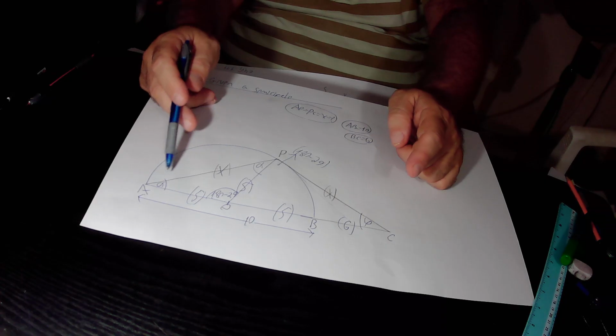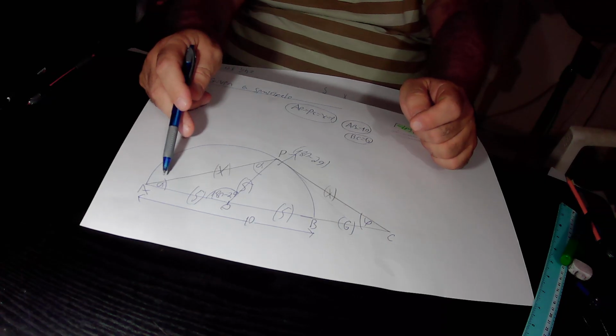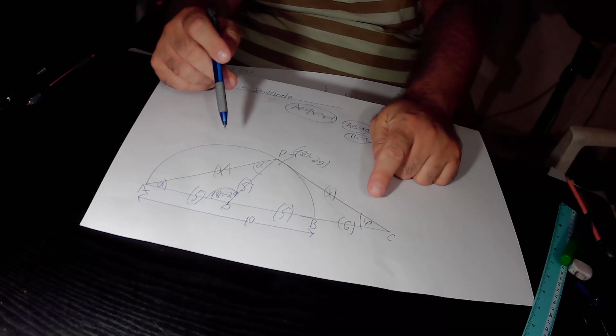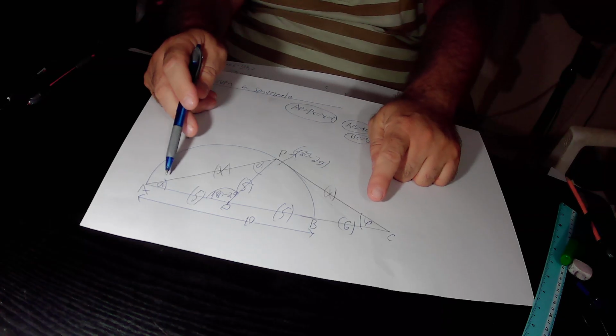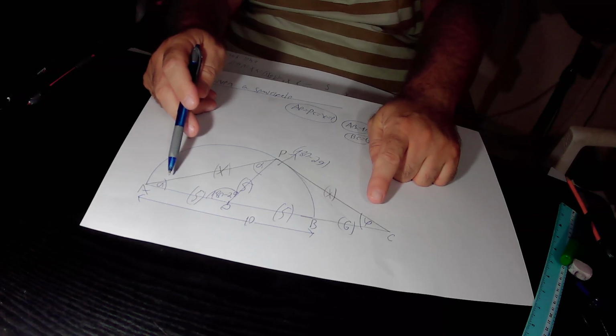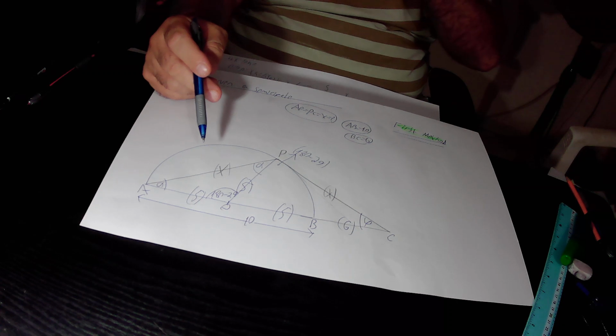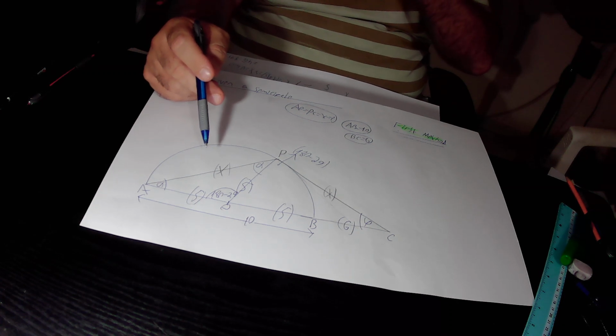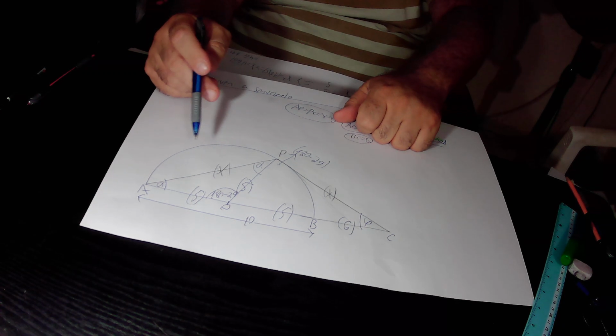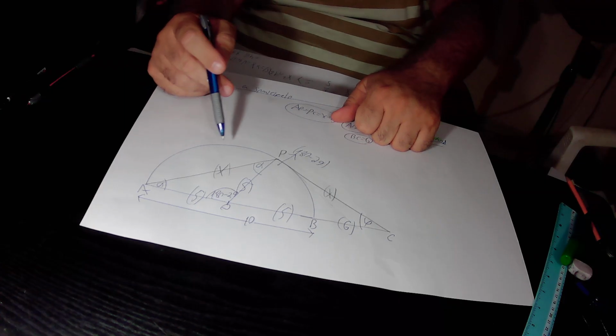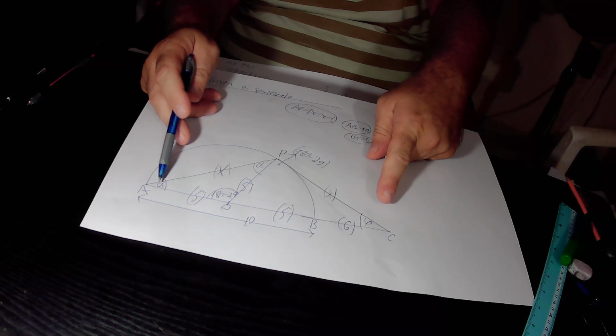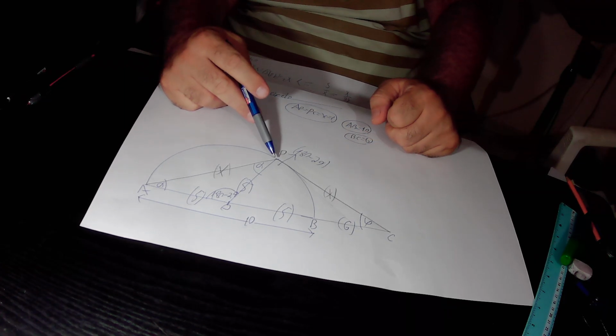But this is angle alpha, so this angle must also be equal to alpha, according to the rule that I mentioned. So in the next step, in the big isosceles triangle APC, those two angles are equal to alpha, therefore this third remaining angle must be equal to 180 degrees minus 2 alpha.